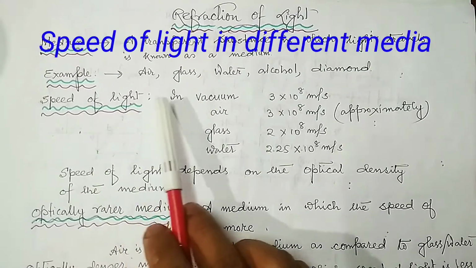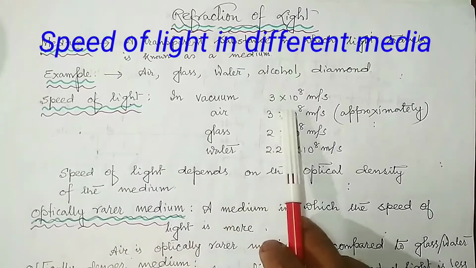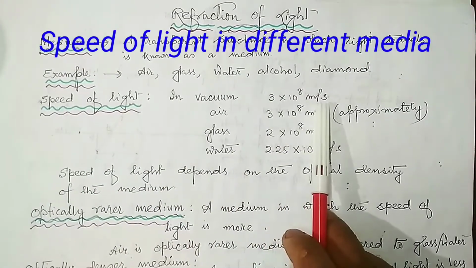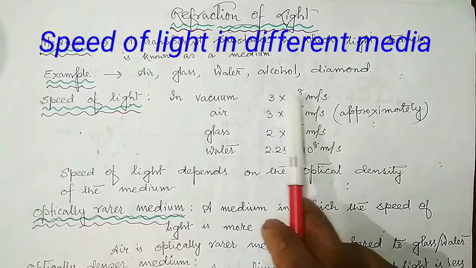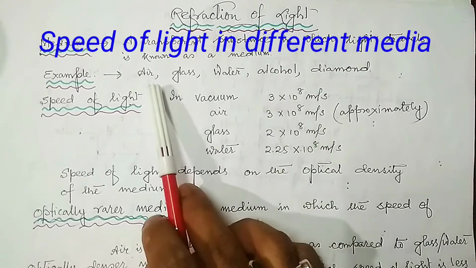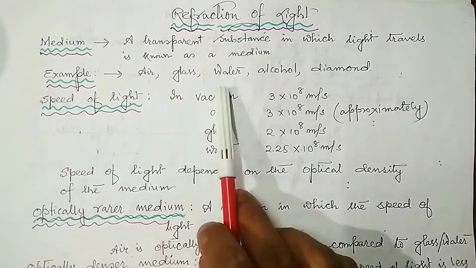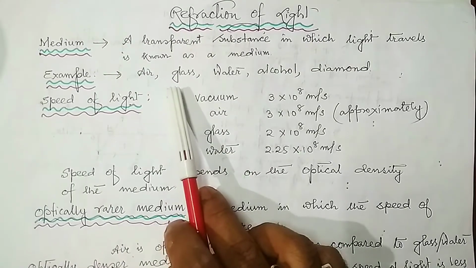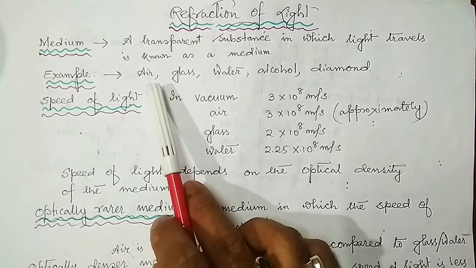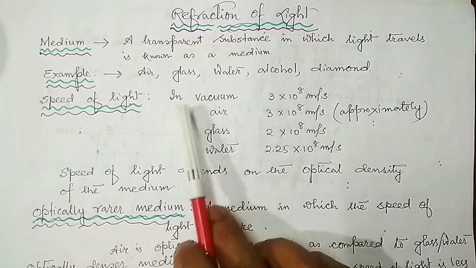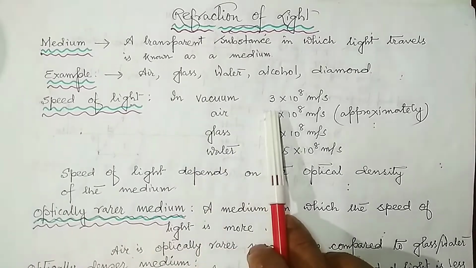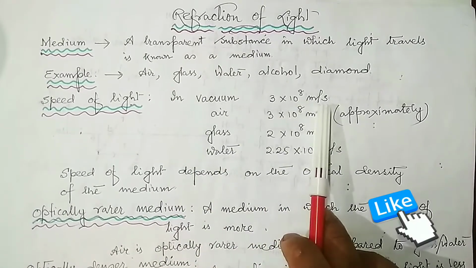Now the speed of light in vacuum is 3 into 10 to the power 8 meters per second. But the speed of light is not the same in all cases like air, glass, water, alcohol. The speed of light varies while moving from one medium to another. In vacuum it is maximum, which is 3 into 10 to the power 8 meters per second.